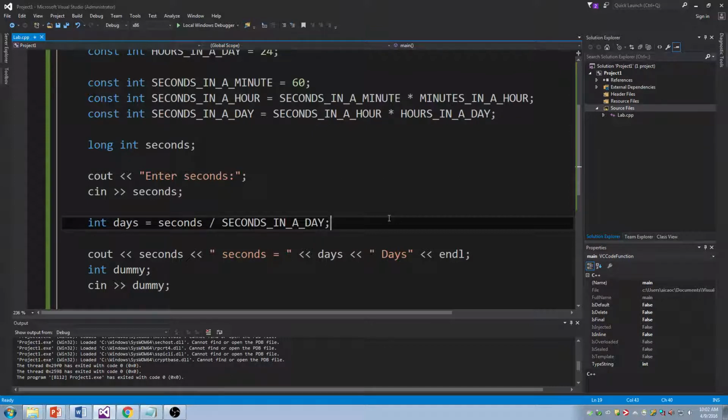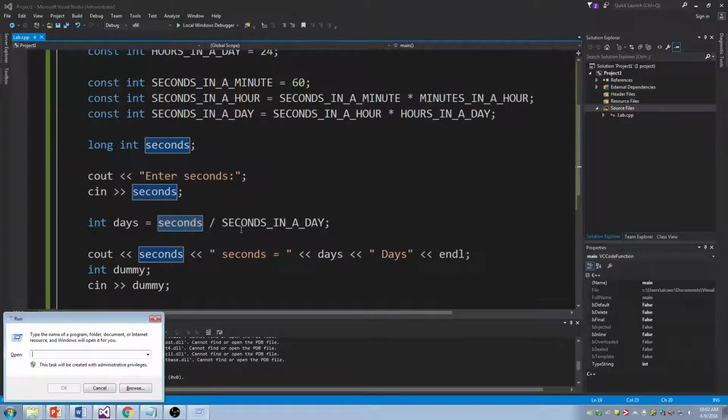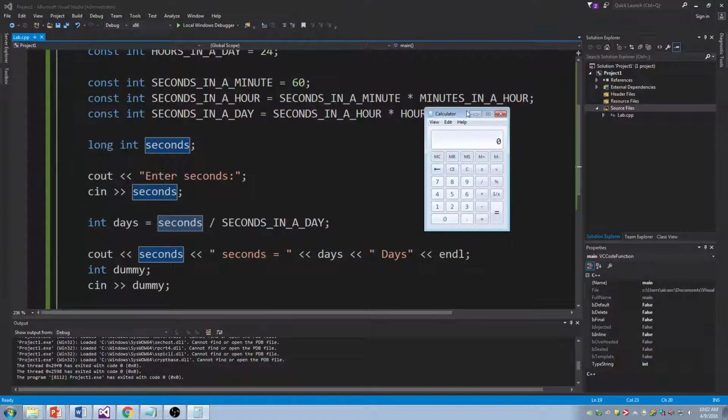And this problem really boils down to you being able to figure out how to use the modulus operator and the division operator together to break down this big number into smaller and smaller numbers. Okay, if I asked you how many days are in this number that I typed in, you could say 365, but how many seconds are left over after that? So if I divide this by the seconds in a day, which is 86,400, can you guys see this?